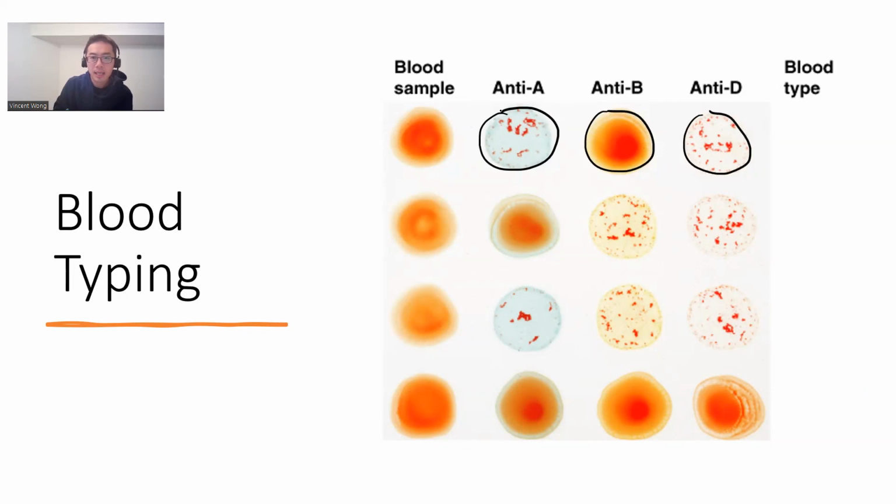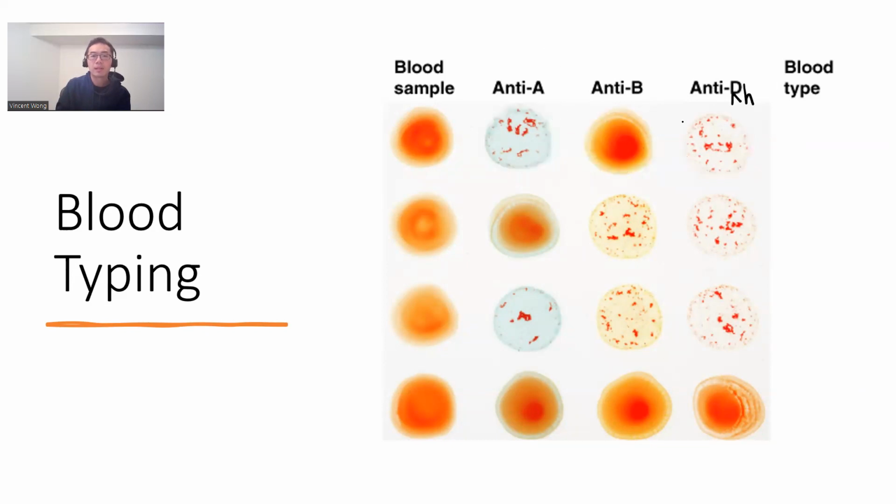The first dish has anti-A antibody, the second has anti-B antibody, and the last one is anti-D. Anti-D just means anti-RH. They mean the same thing.